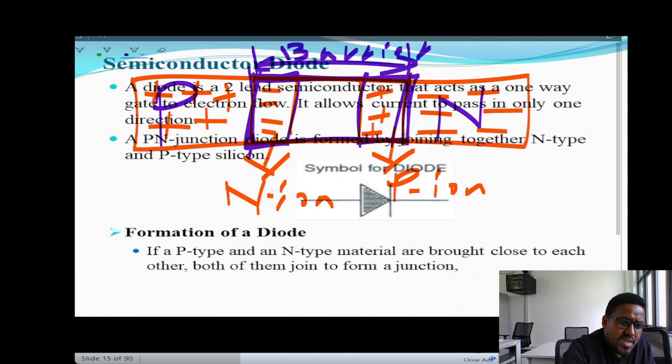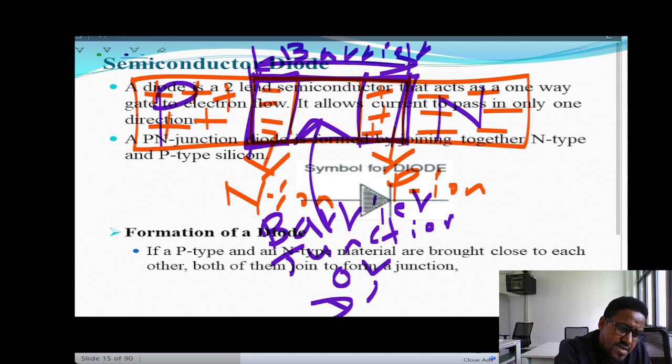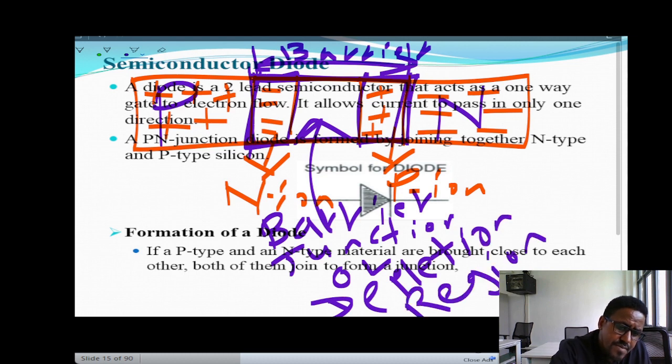So this region we can call the barrier junction, or in another name, the depletion region. That means both regions, the P-type and N-type materials, are depleted.